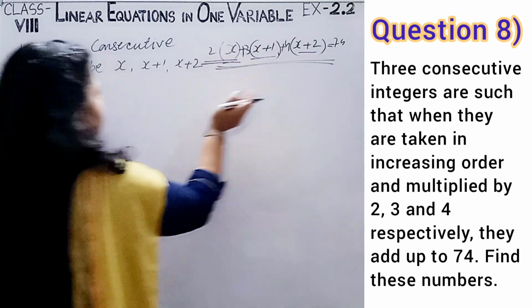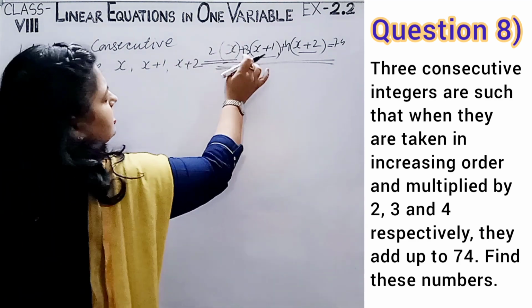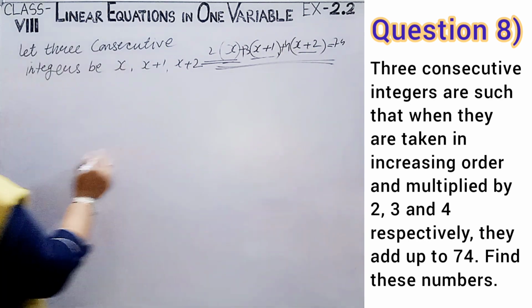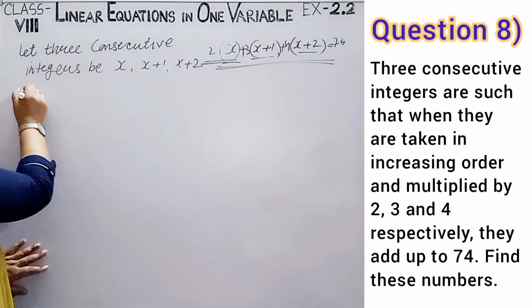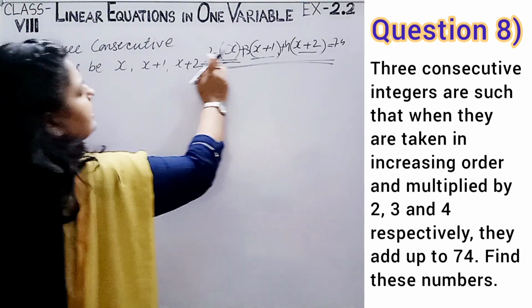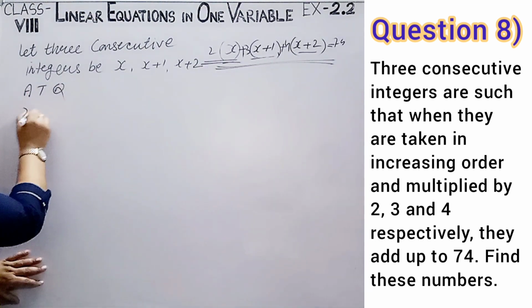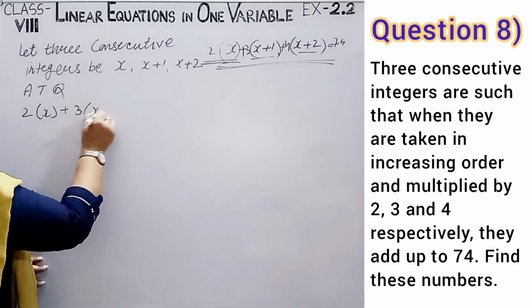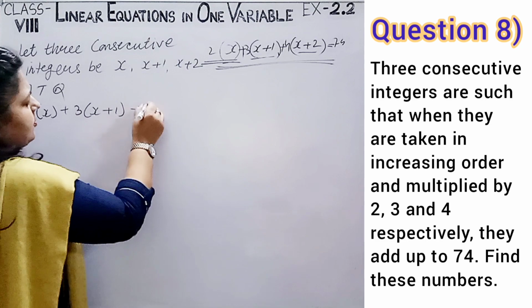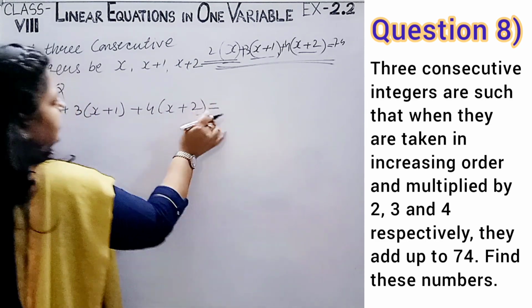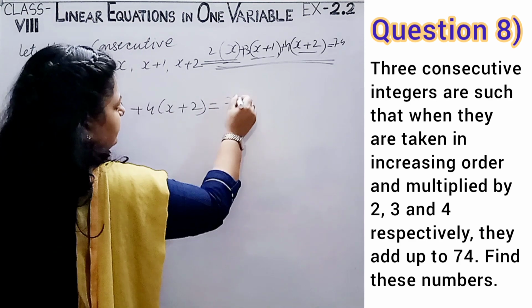After multiplying, we get 2x, 3 times x plus 1 and 4 times x plus 2. But according to the question, after adding these numbers, 2x plus 3 times x plus 1 plus 4 times x plus 2, the result is 74.